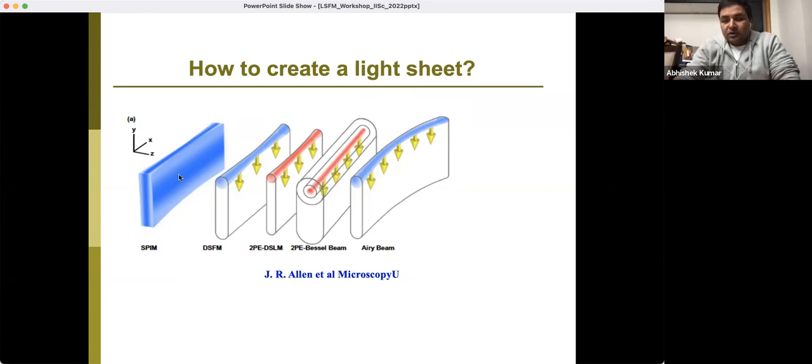So why do we want another beam? We have a Gaussian beam, we have a cylindrical lens, or we can synthesize this virtual slit illumination using a Gaussian beam. So why do we need non-linear beams? The reason is that, as you know, a Gaussian beam converges and diverges.